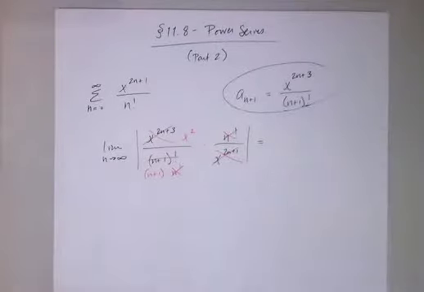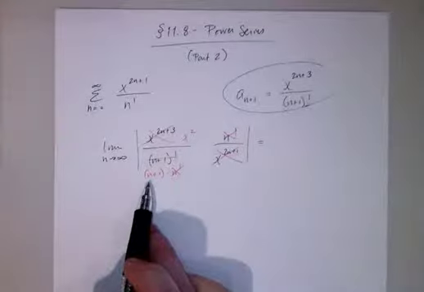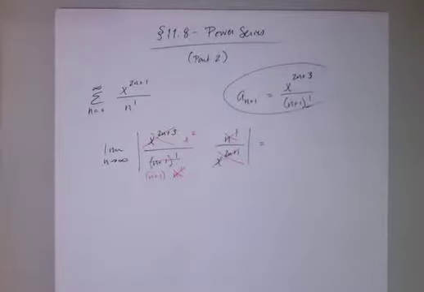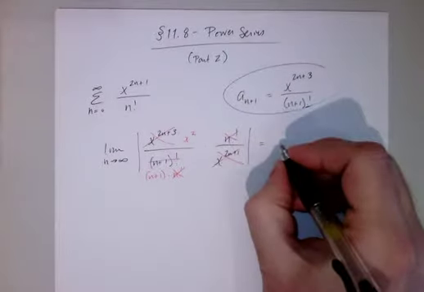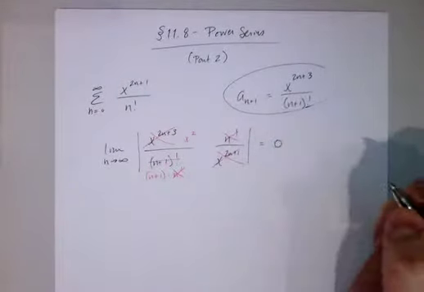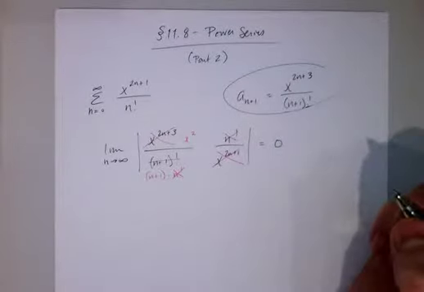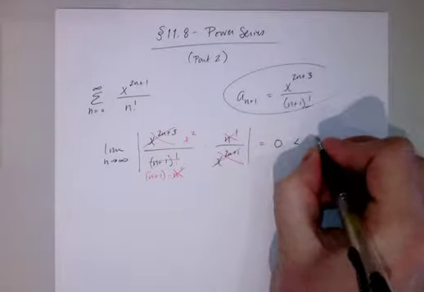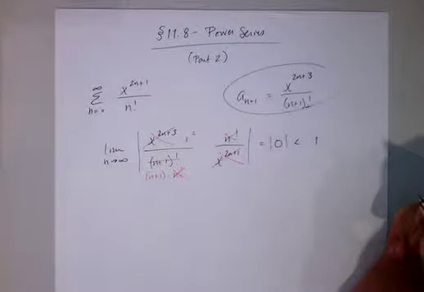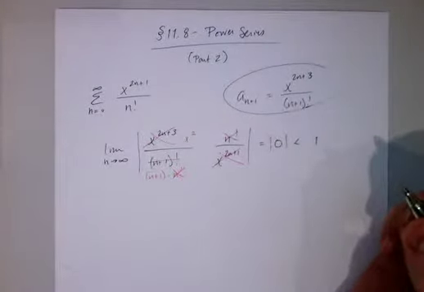Well, as n goes to infinity, what happens to this ratio? As it goes to infinity, I don't care what x is. If n goes off to infinity, that becomes 0. So when is the absolute value of 0 less than 1? Always, right? It's always less than 1.